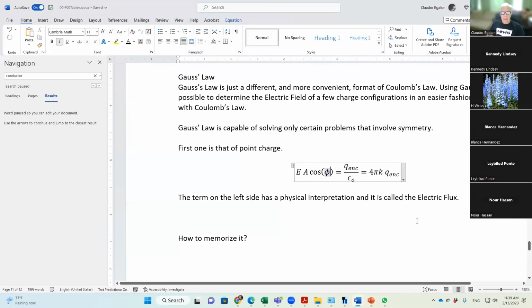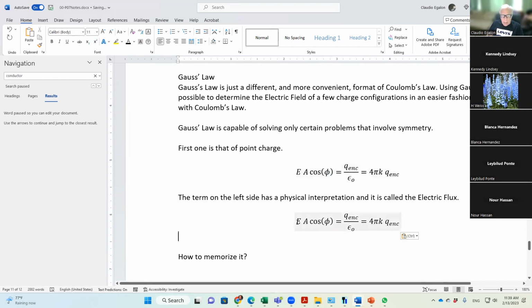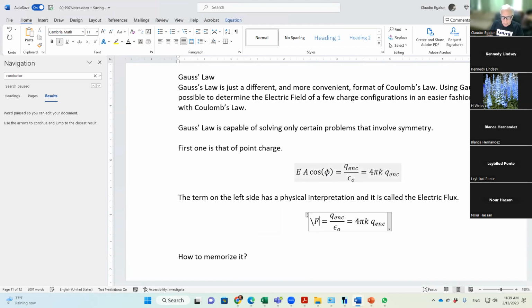So that's Coulomb's law in a different format. We're doing that assuming that we do not know Coulomb's law. If I were to write this equation, how would we write it in the following way? Here you go.